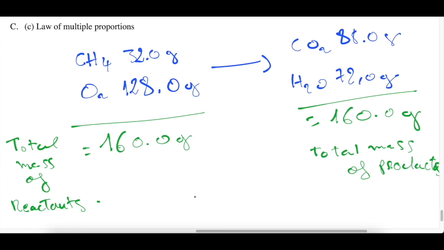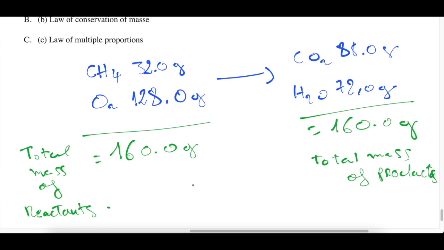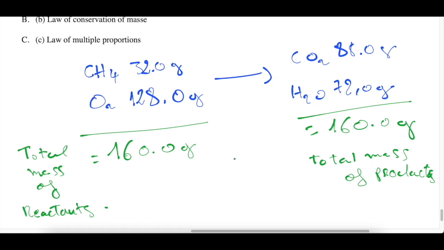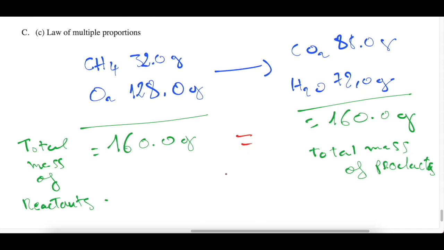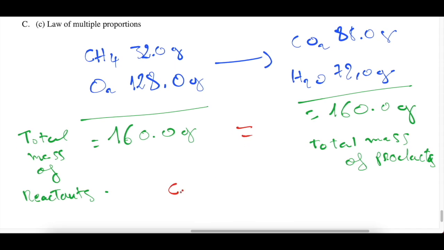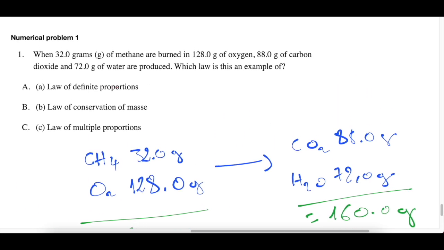We have seen previously that when the mass of the beginning materials is equal to the mass of the ending materials, we are in front of the conservation of mass. So this reaction is an example of the law of conservation of mass.